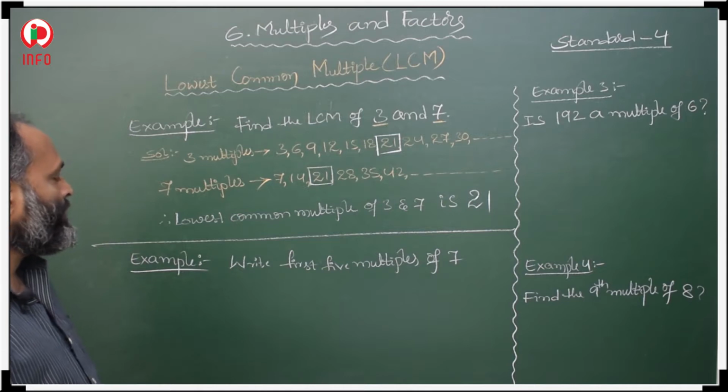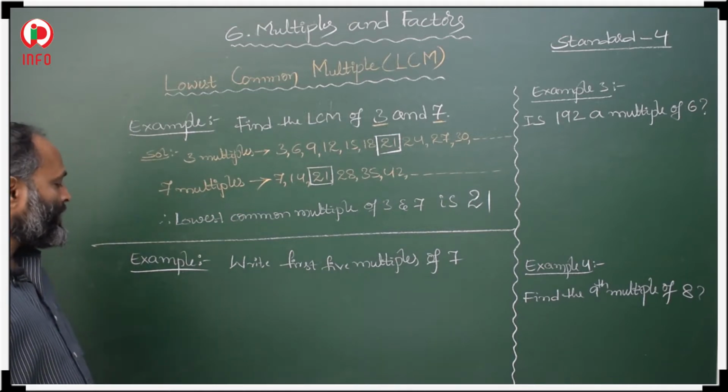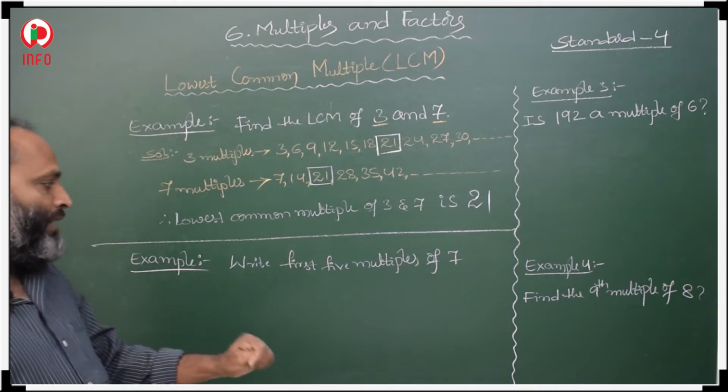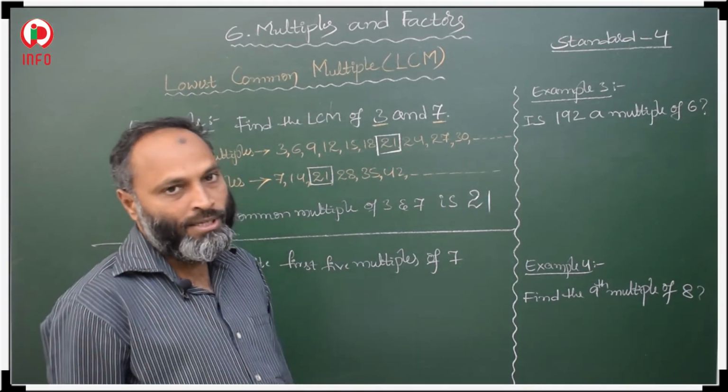Next example: write the first 5 multiples of 7.